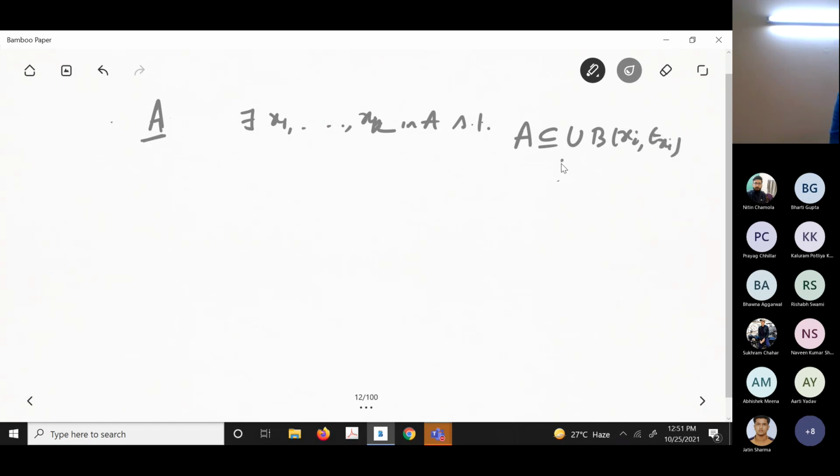Why 2 epsilon x? Because you will later see I will be using the triangle inequality. That's why I have done it like that.